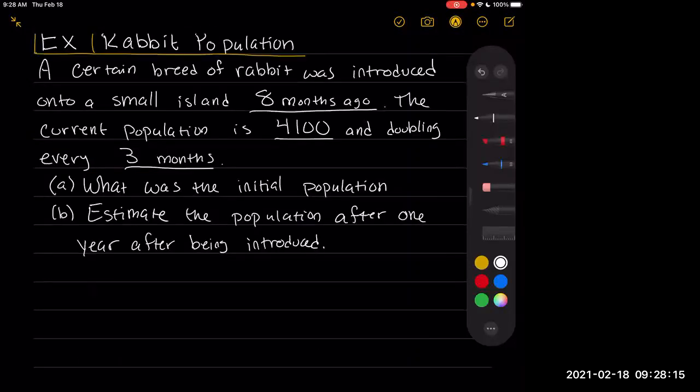Okay, so in order to do this estimation, we will eventually need to develop our model, but our first step is going to be finding the initial population. So we know that our base model, N of t equals N naught times 2 to the t over A, and since their doubling time is 3 months, that means that our A is 3.